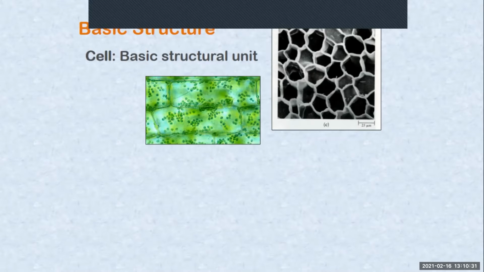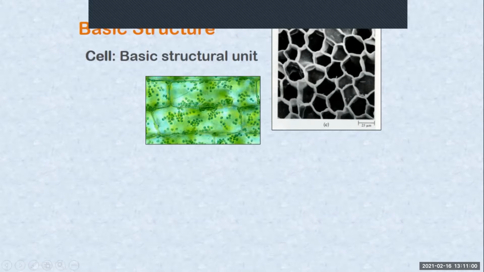The basic structure of trees and plants and organisms in general is the cell, which is basically a unit within tissues. There's typically a membrane and then a cell wall around that membrane, and then certain internal organelles within the cell that help it to function.